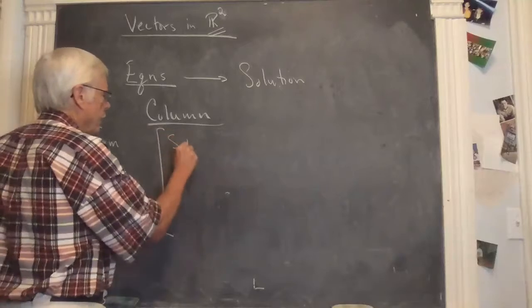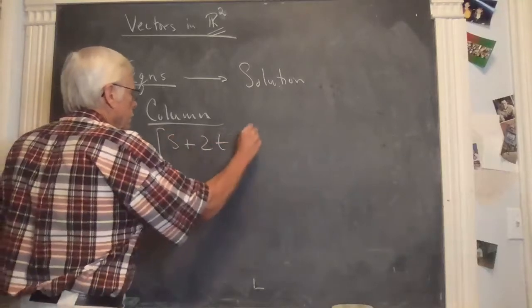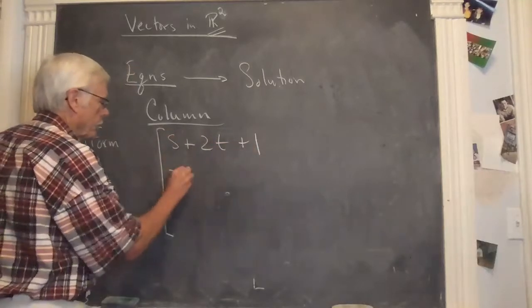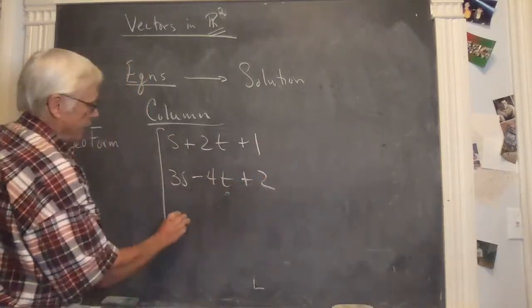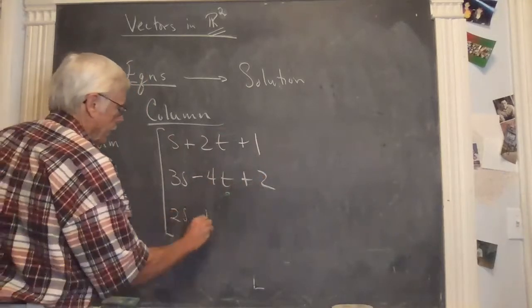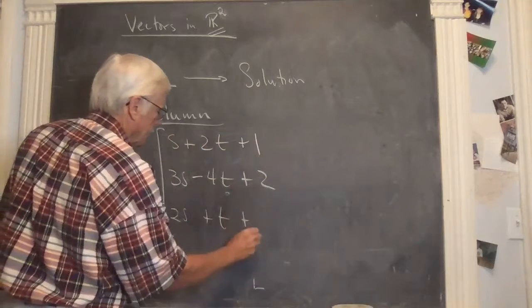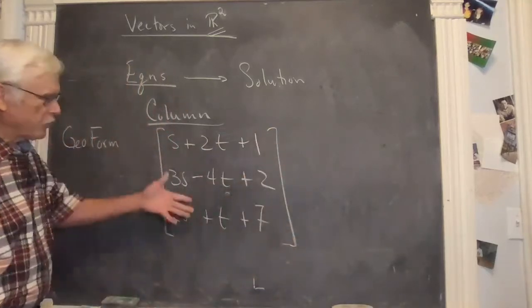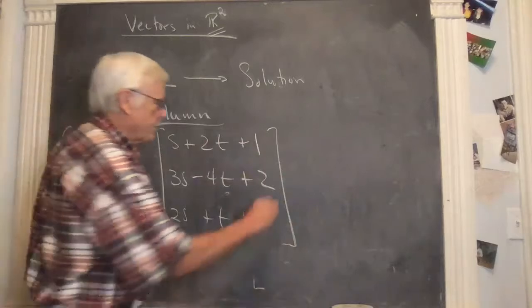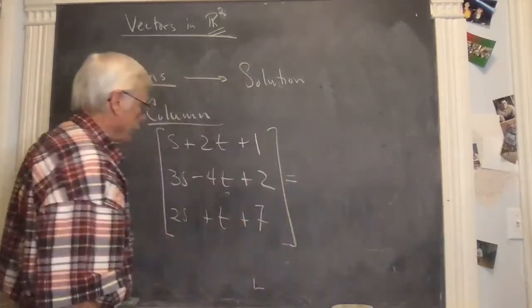We might have s plus 2t plus 1, 3s minus 4t plus 2, and let's say 2s plus t plus 7. So our solution might actually look like this. We can do the same thing. The result is a little different.